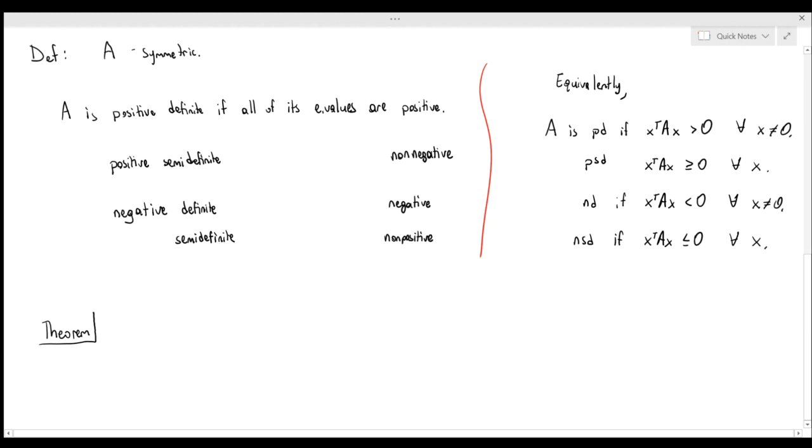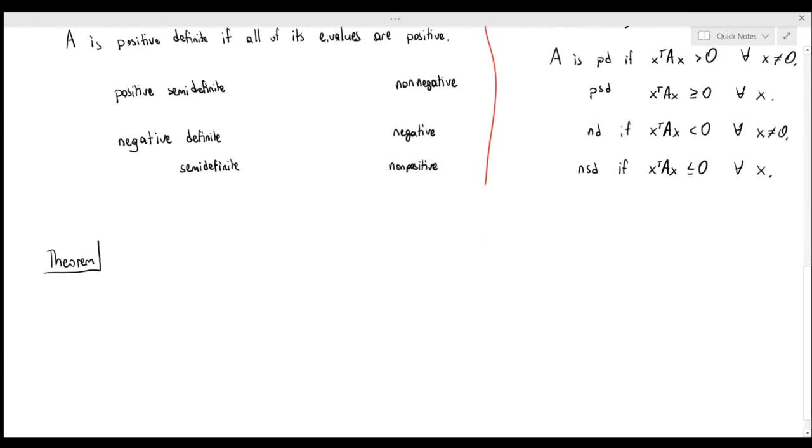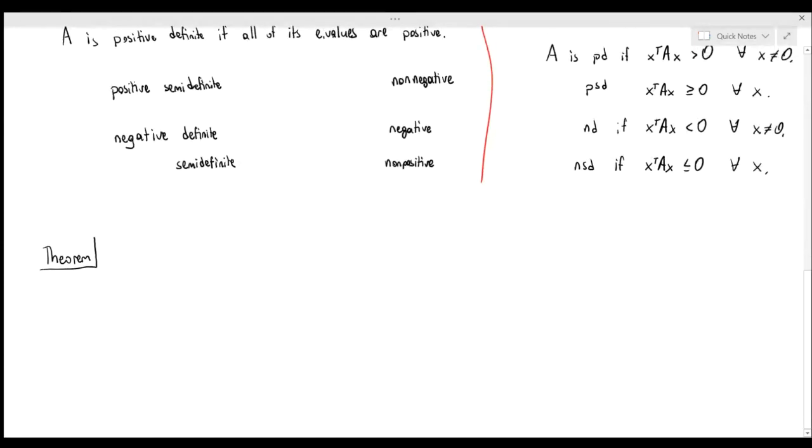But there's another way to check if a symmetric matrix is positive definite, which is maybe a little bit easier. So that will be the subject of this theorem that I'm about to state. So again, let's assume that A is a symmetric matrix.